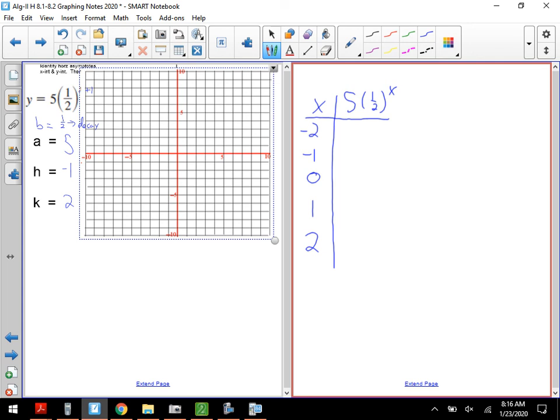And what's 4 times 5? 1/2 to the -1 is 2. 2 times 5 is 1/2 to the 0 times 5. 1/2 to the 1. So you have 5 halves, and then 5 fourths. Are we okay with me on that?